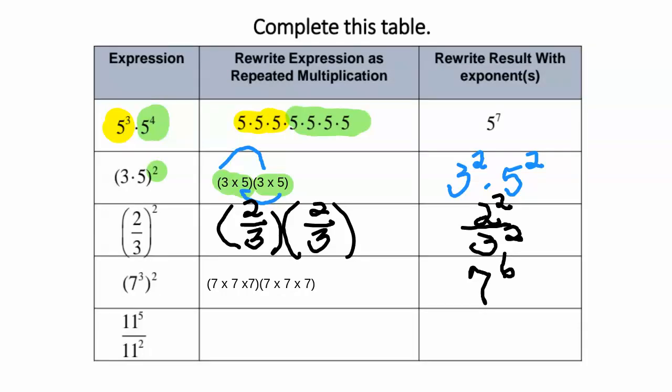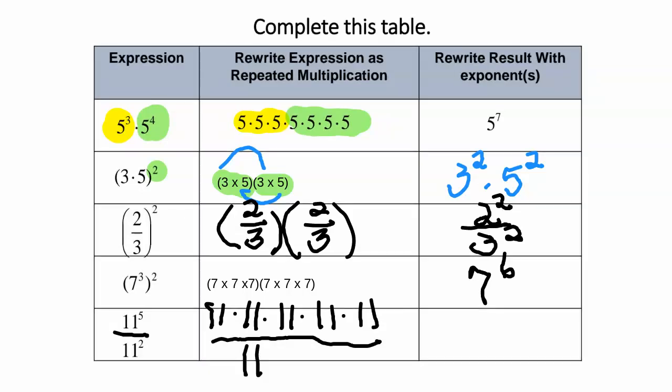Now, this little bar in the middle for the last row means divide. So in the top, this will be 11 times 11 times 11 times 11 times 11, and then I have 11 times 11 in the denominator. This is a little different because in the last column, if you remember, all fractions have to be reduced. One of the 11s in the numerator and one of the 11s in the denominator are going to cancel out.